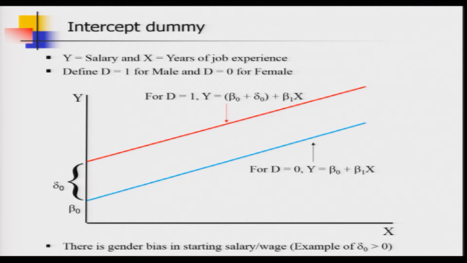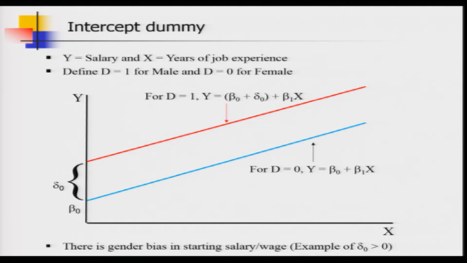So, the blue straight line has an intercept of beta naught, and then I add delta naught on top of beta naught, so that beta naught plus delta naught becomes the intercept for the regression line for the male group. As these two lines are parallel, this gap delta naught is constant for all values of x.